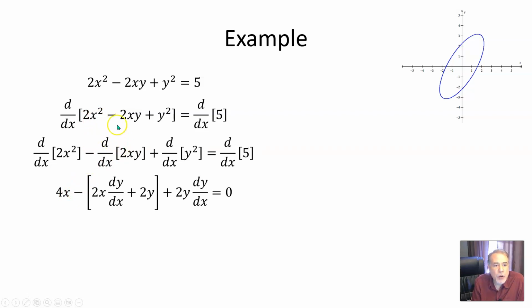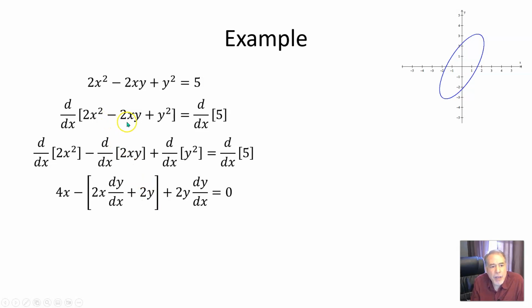And we need to subtract the derivative of 2xy, and we're going to need the product rule for that. It is a product. You can think of it as two things multiplied together, a 2x and a y. And the product rule says that the derivative should be the 2x times the derivative of y plus the derivative of the 2x times the y itself.